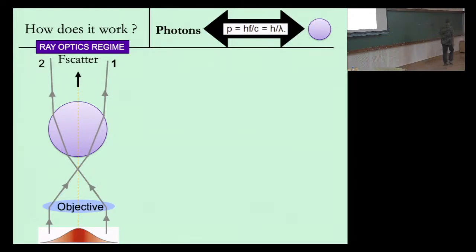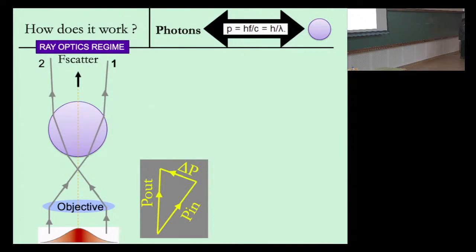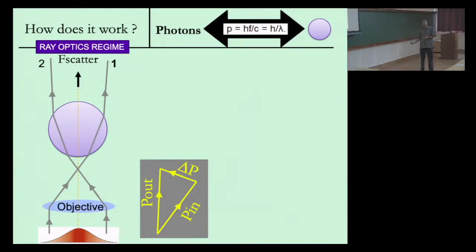But there is something more. If I now draw the vector diagram, so P out is this direction, P in is this direction, and the net change in momentum, if you just draw the vector diagram, is going to be in this direction. So this is the change in momentum of the photon. So there's going to be a corresponding force applied on this object, which is going to be in this direction, right?